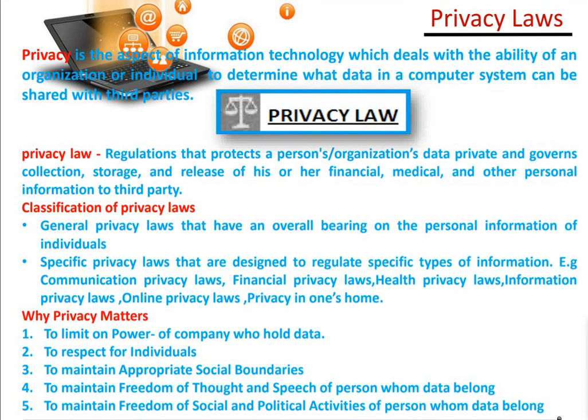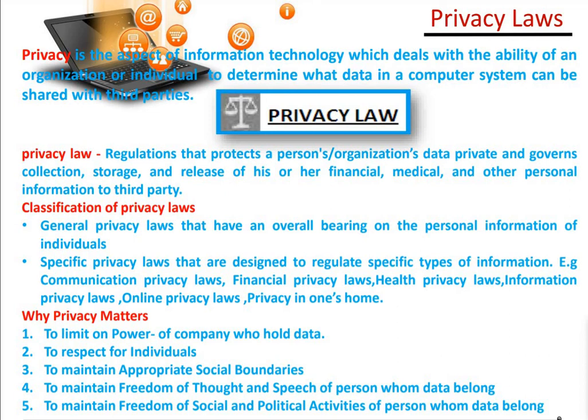Privacy is the aspect of information technology which deals with the ability of an organization or individual to determine what data in the computer system can be shared with third parties. Privacy law is regulation that protects a person's or organization's data, and private and government collection, storage and release of his or her financial, medical and other personal information to third parties.